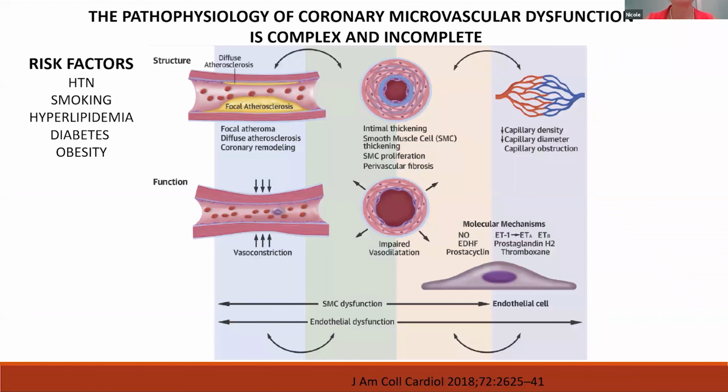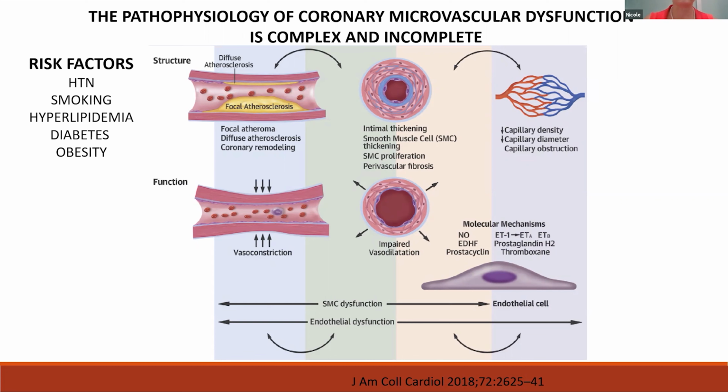The pathophysiology is incredibly complex. If we focus on the epicardial vessels, we're used to seeing focal atheromas and obstructive lesions which we're more than comfortable treating with stents and sometimes medication.